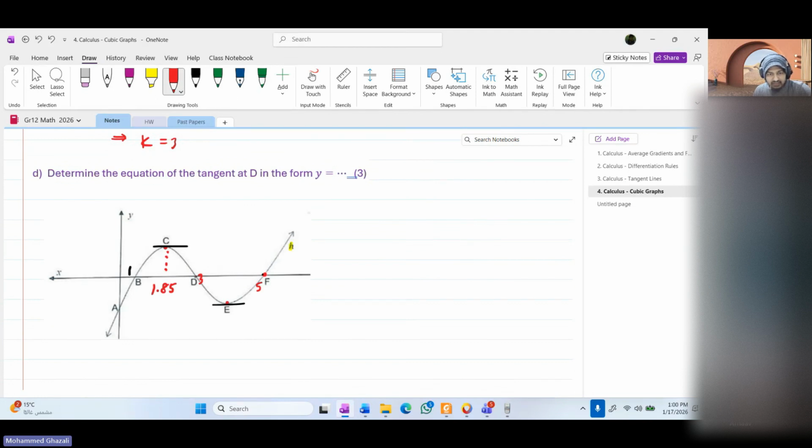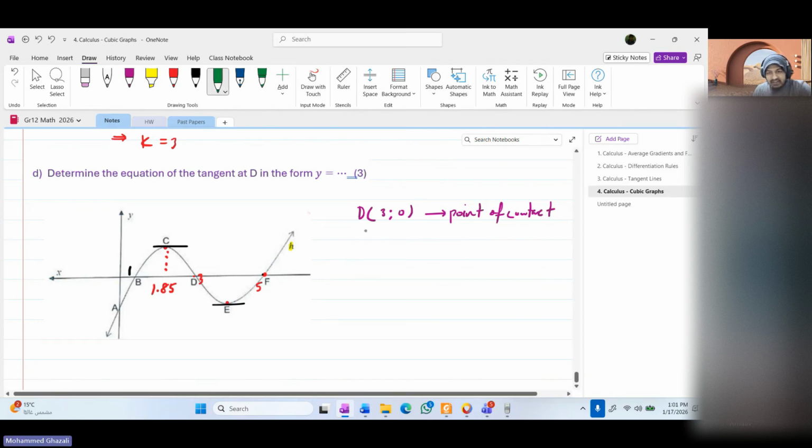What's the equation of the tangent at D? All right. So at D, what is the coordinates of D? 3, 0, which is the point of contact. All right. So D is point of contact, which is 3, 0. We need a gradient. Remember, we're trying to find y equals mx plus c. All right. That's what you're trying to find.